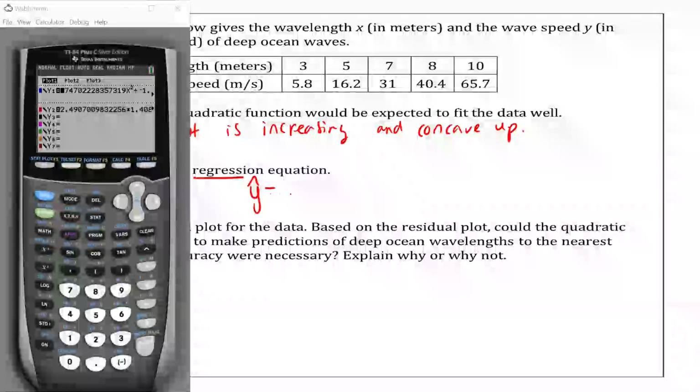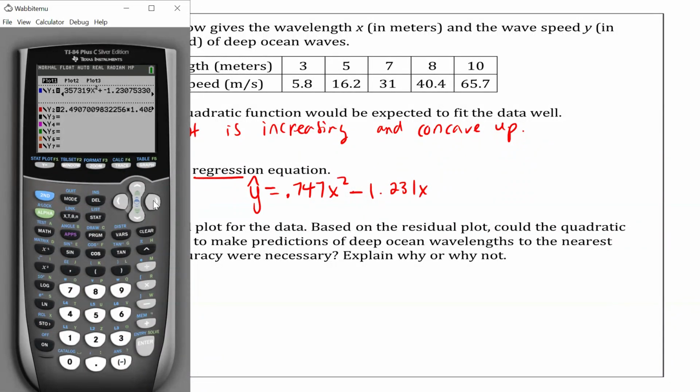Y hat equals, and I'm going to round to the nearest 3 decimal places. So 747 thousandths x squared. I'm going to scroll over. Minus 1 and 231 thousandths x. Scroll over some more. Keep scrolling.